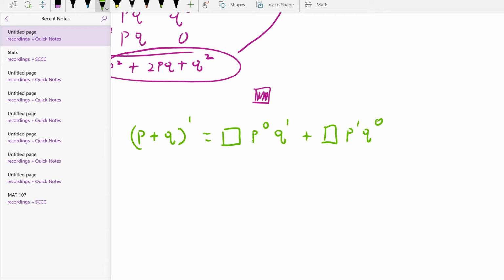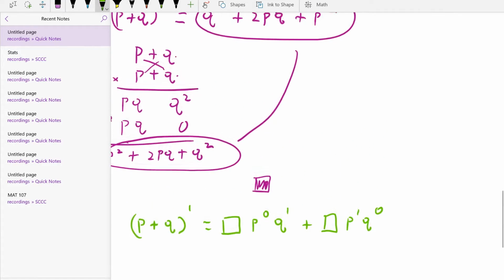So p has to increase incrementally from 0 to 1. So we have 0 and 1. That's good. And q has to decrease incrementally from 1 to 0. And we have 1, 0. That's good. And it's redundant to do this, but I always like to do this. Notice 0 plus 1 is equal to 1, and 1 plus 0 is equal to 1.